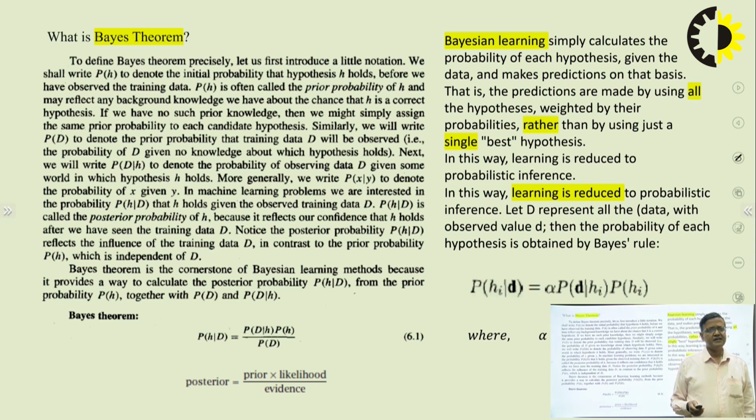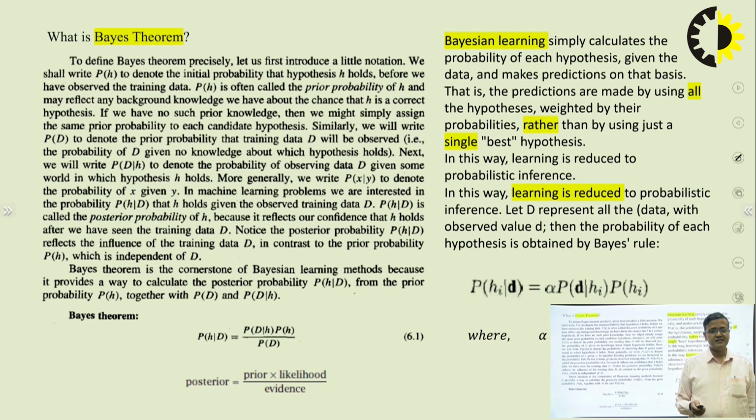In Bayesian learning, we predict based on all the hypotheses instead of predicting on the basis of just one hypothesis. When we predict future instances based on the combination of all the hypotheses, instead of just one single best hypothesis, it is called Bayesian learning.